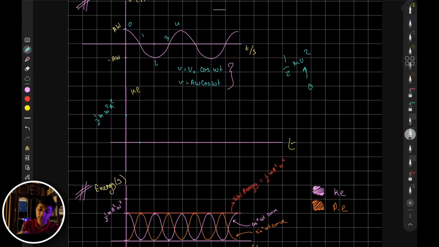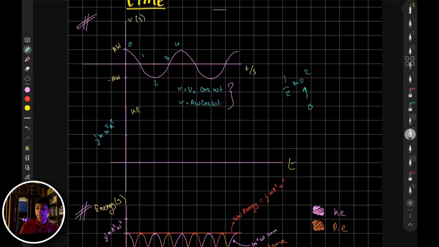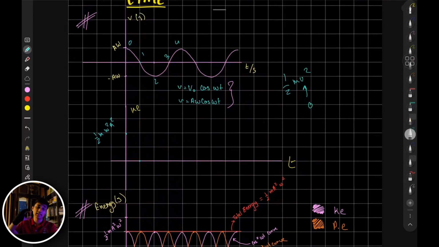For position 2, again, notice that it is maximum velocity in the opposite direction, the negative direction. Just plug in minus A omega into the equation for half m v square, the equation for kinetic energy. You're going to notice that the entire expression becomes half m times A omega whole square.